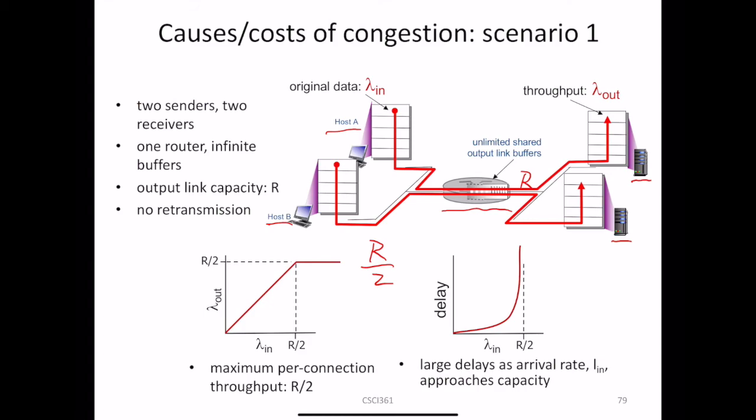Actually here, the same problem will happen if this router is fully occupied by host A and host B. That means the traffic intensity will be equal to 1. Therefore, the average delay will go to infinity.